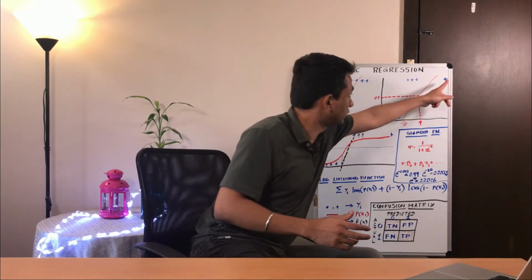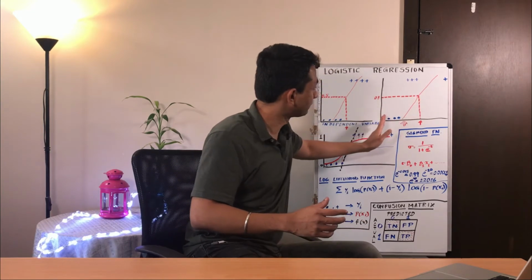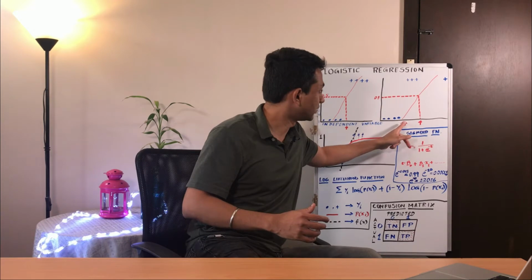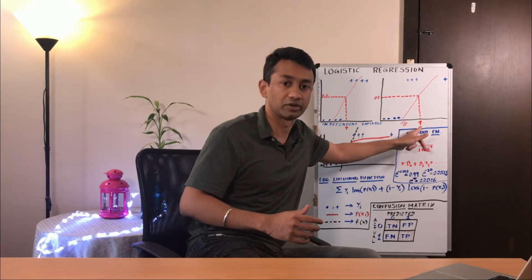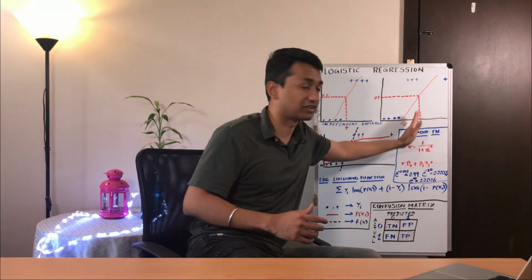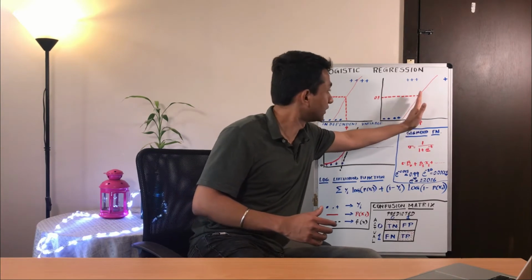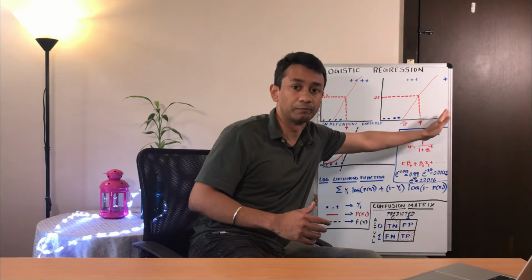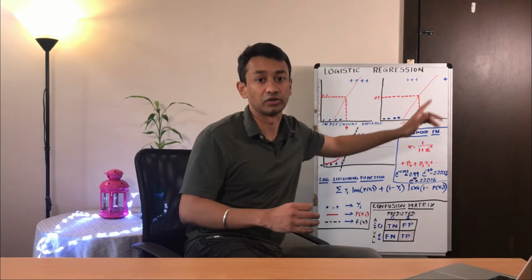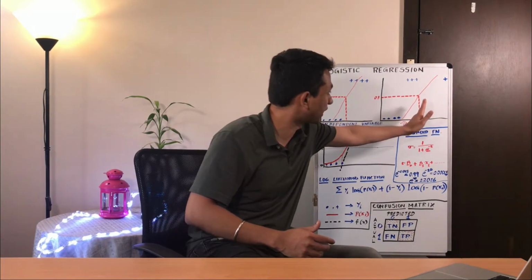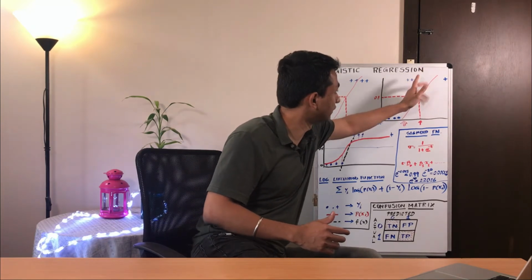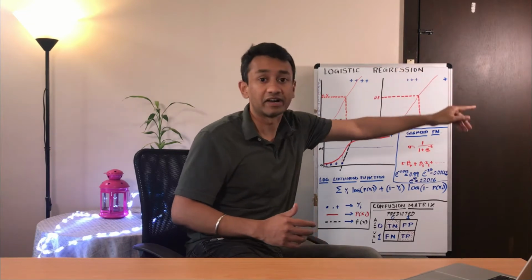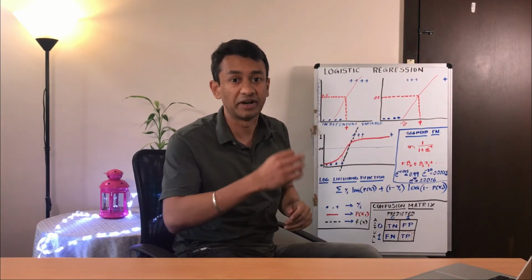Because of this outlier, the mean value for x moves towards the right. From here, it has now moved to this particular point. Now if we use this as a reference point and predict that the loan will be sanctioned for all the values falling to the right of this value, then for the majority of the values where the loan has been sanctioned, they will be predicted as 0, which means they will be predicted incorrectly.